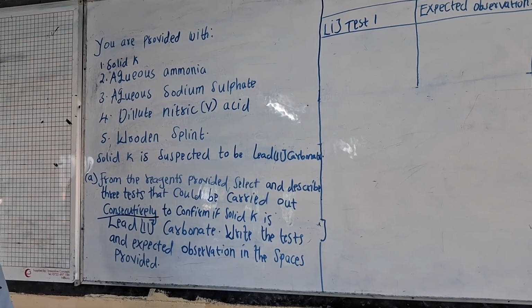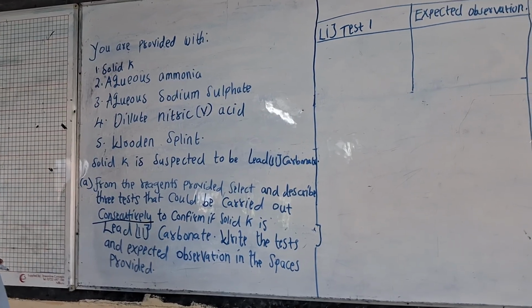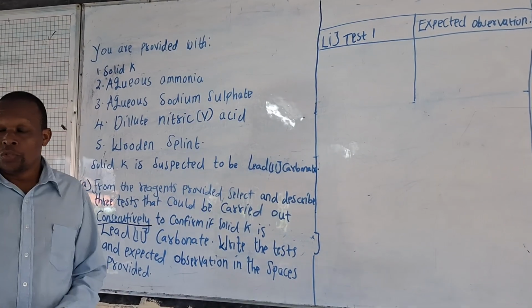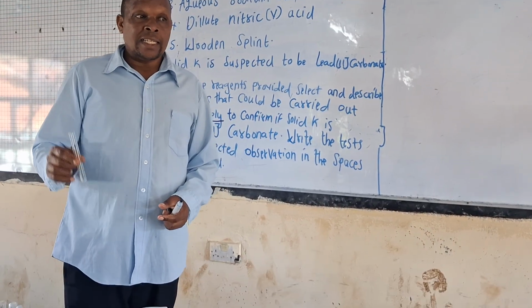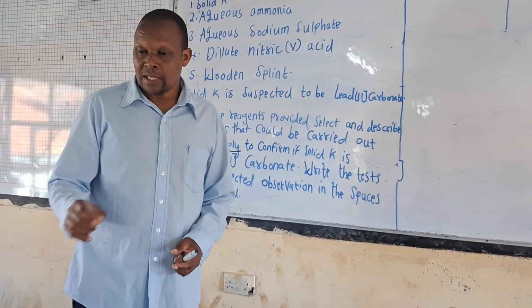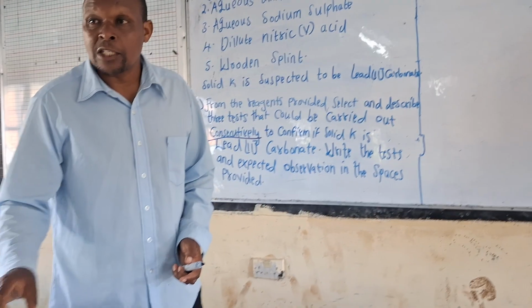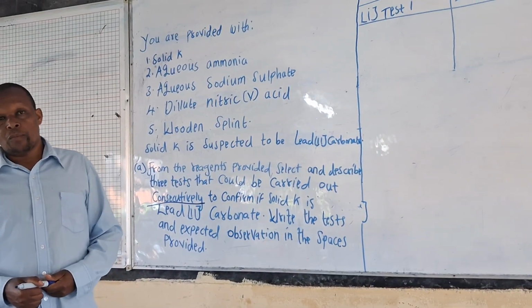Add excess lead(II) carbonate to dilute nitric(V) acid, which should be present in a boiling tube or a test tube. We try as much as possible to quantify what we are using.